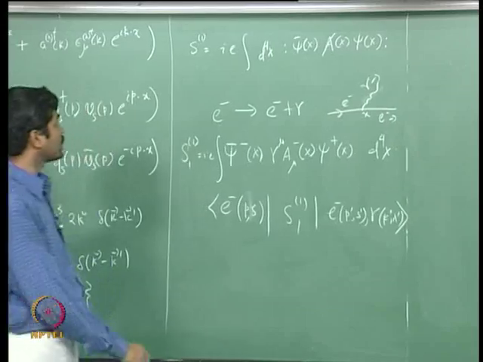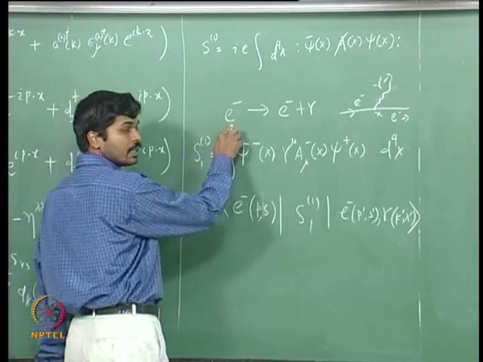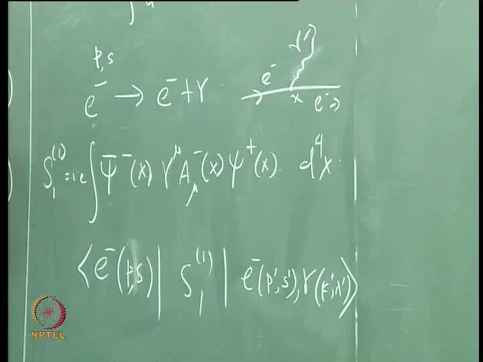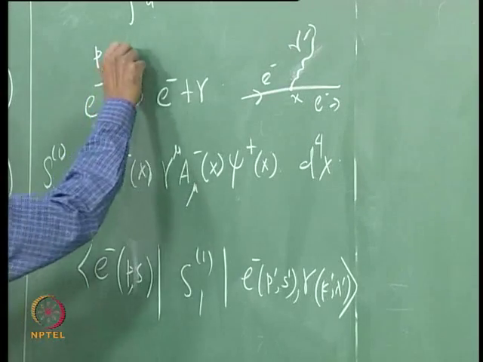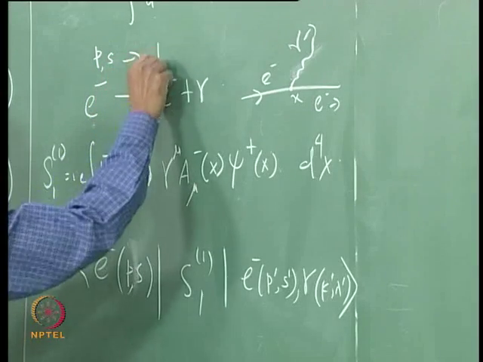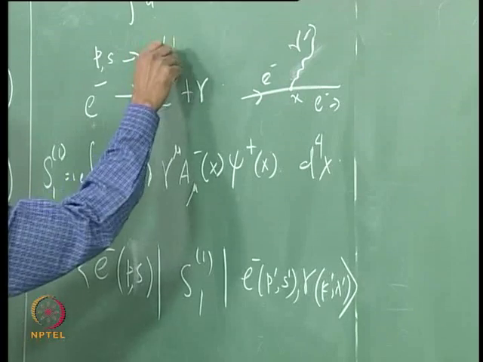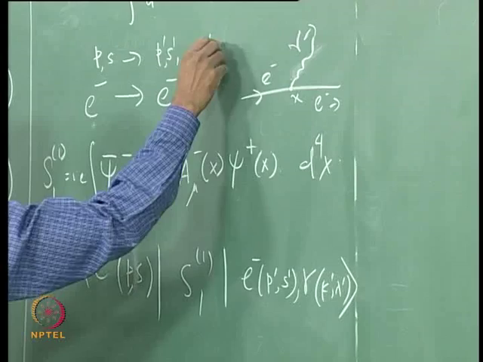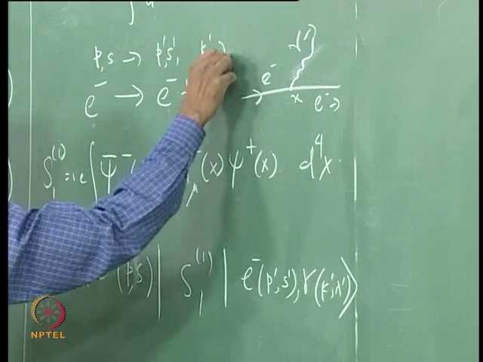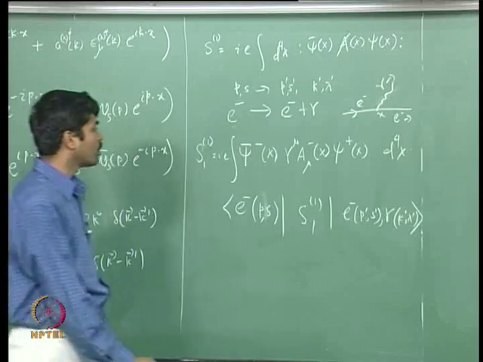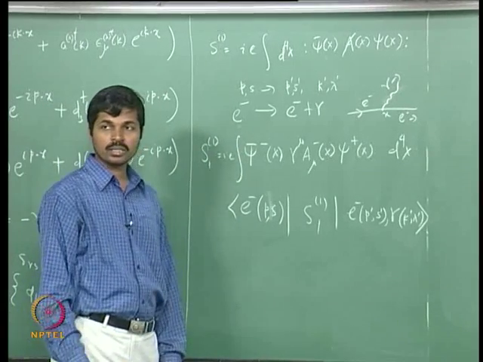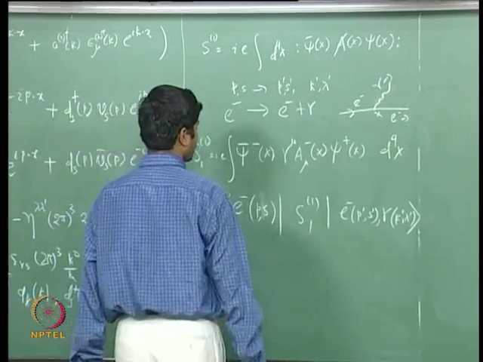So, the point is, suppose you have this incoming electron with momentum p and polarization s going to some outgoing electron of momentum p prime, polarization s prime, and some outgoing photon of momentum k prime and polarization lambda prime, then what is the amplitude for this process? That is the question that we would like to ask.